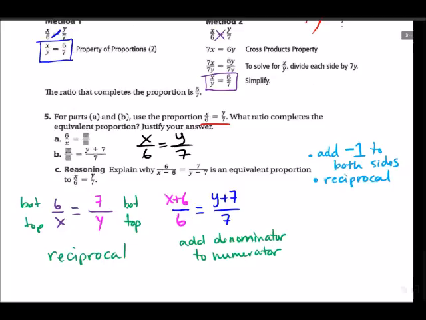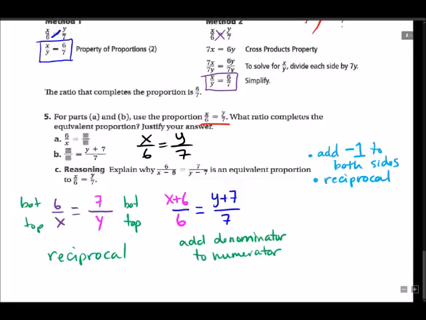And then in problem C here, it says explain why 6 over x minus 6 equals 7 over y minus 7 is an equivalent proportion. This is very similar to what we just did up above. We added 1 to both sides.